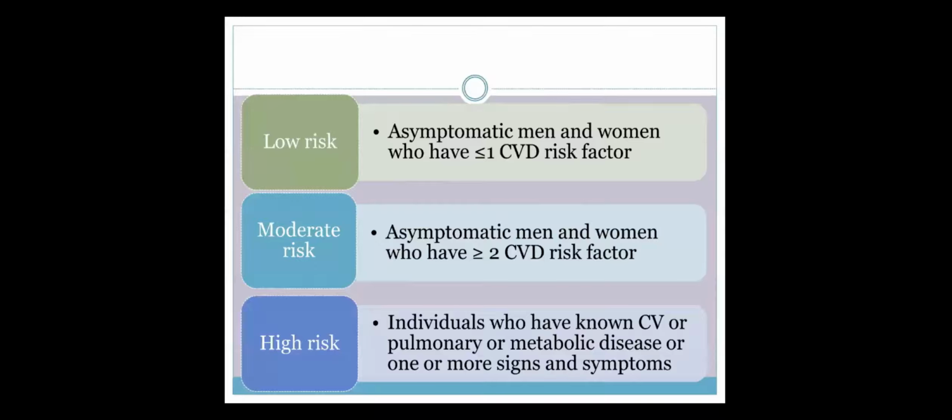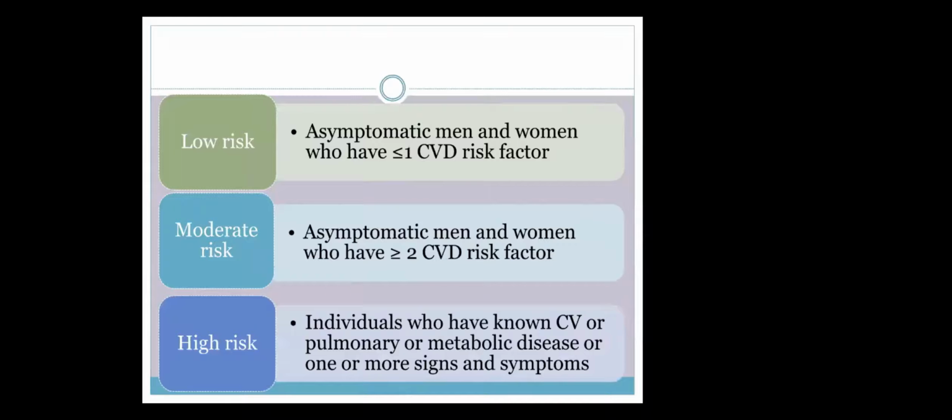So in order to label the individual under low risk, the person should be either asymptomatic men and women who have less than one CVD risk factor. If this is the case, the person is free of symptoms and has less than one CVD risk factor, then he'll fall under the low risk category. If the individual is asymptomatic and has two or more cardiovascular disease risk factors, then the individual is graded under moderate risk.